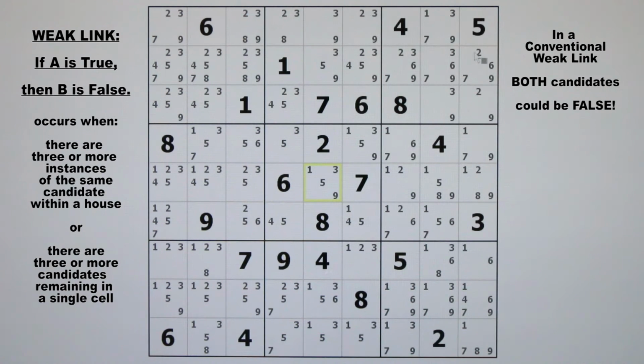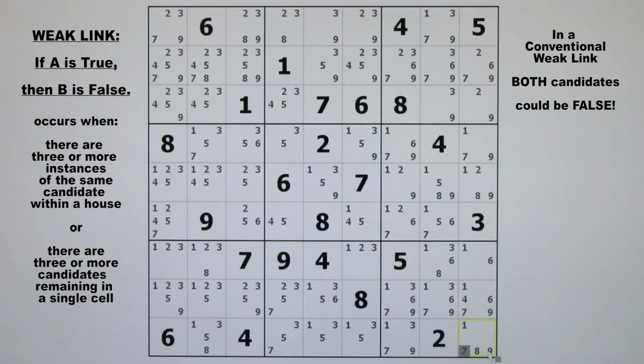So over here, there is a weak link between that 7 and that 2. Or over here, there is a weak link between this 5 and this 3. Because there are 4 candidates in the cell, we know if the 5 is true, the 3 will be false. If the 5 is false, then we don't know anything about the others. Okay, look down here, another example.